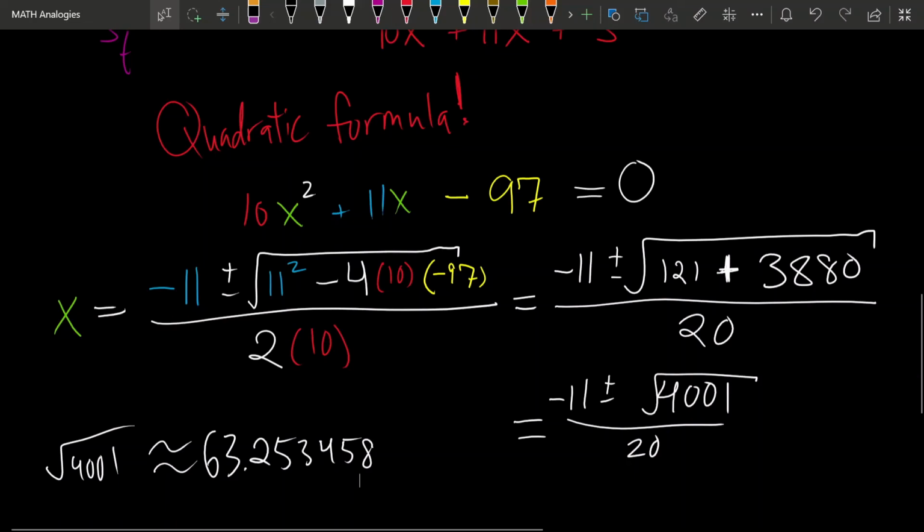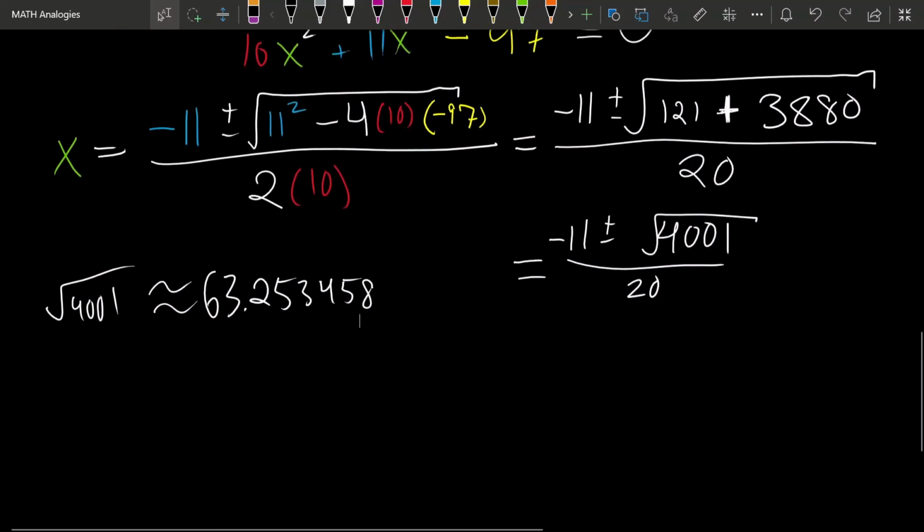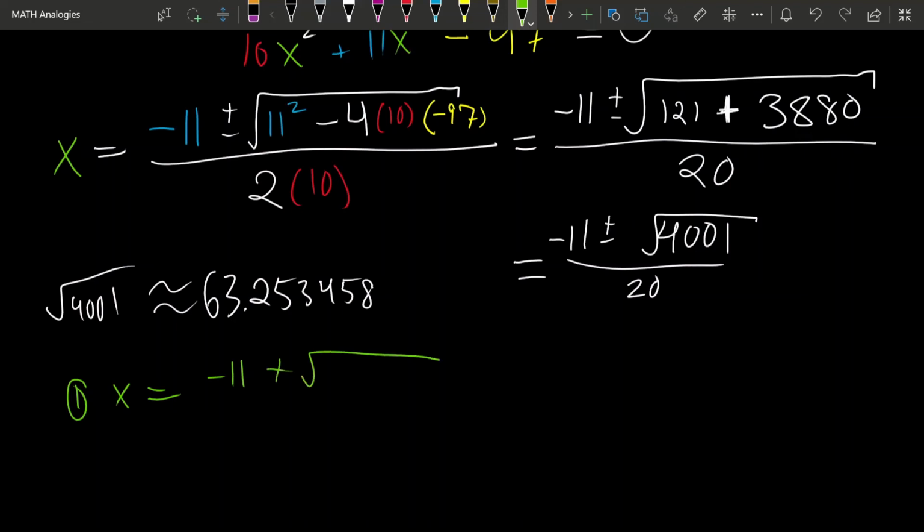And yes, we've concluded that we have 2 legitimate answers. We have answer number 1. We have x equals minus 11 plus the square root of 4,001 over 20.